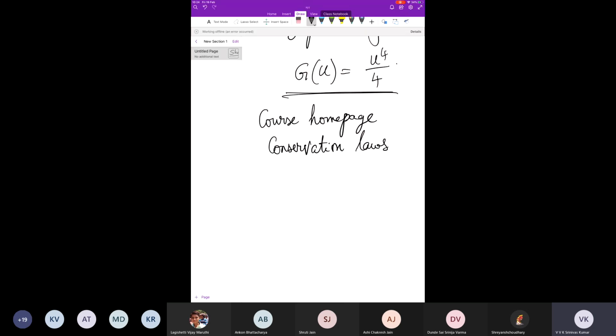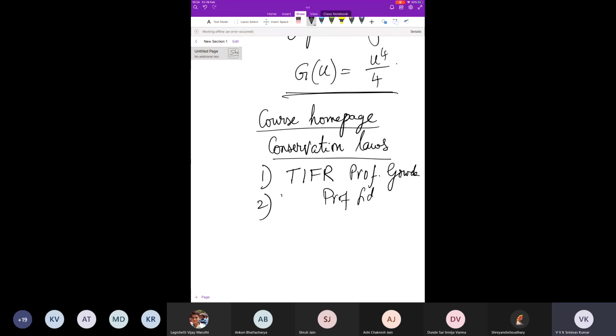There are notes on conservation laws. The first notes are by a TIFR professor, and one more professor, Professor Siddharth Mishra.